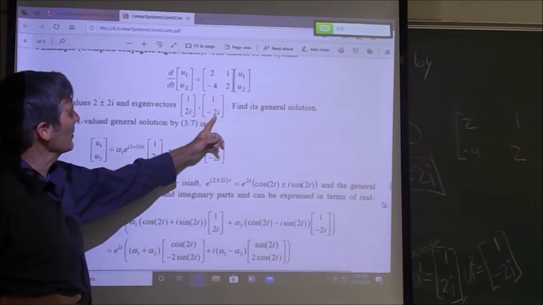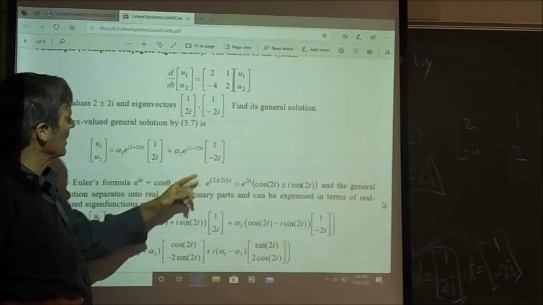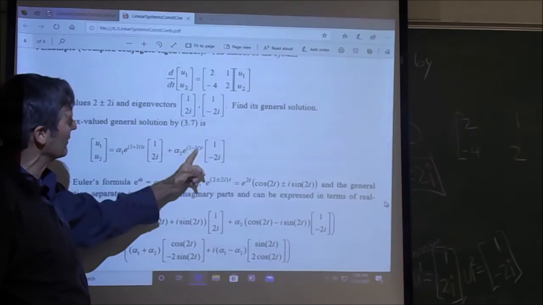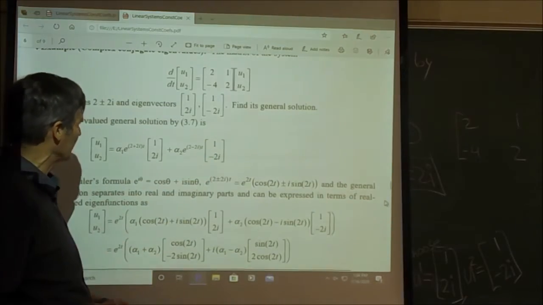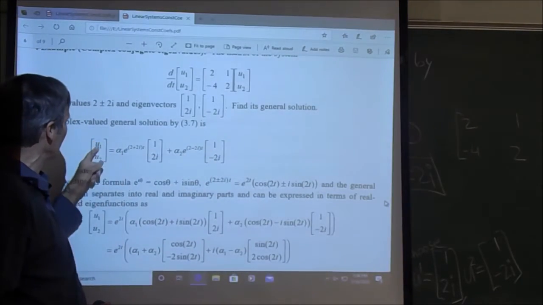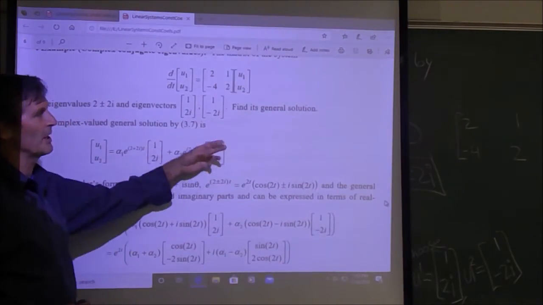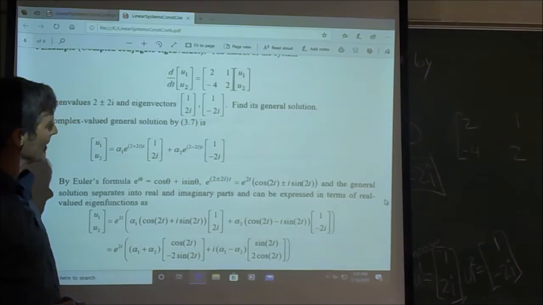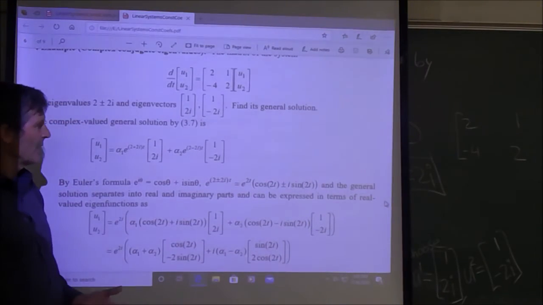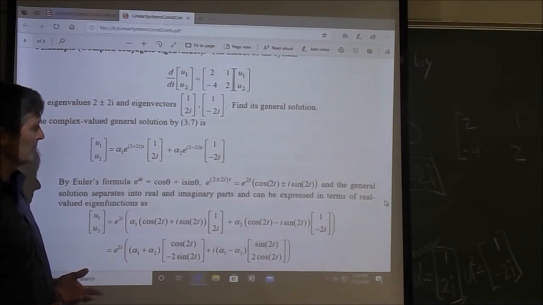Once I find these two eigenvectors and these two eigenvalues, 2 plus 2i and 2 minus 2i, you have to put eigenvalue 1 with eigenvector 1 and eigenvalue 2 with eigenvector 2 for this to work. Then this is the general solution over complex valued vectors u1 and u2. This is all solutions, all complex valued vector valued functions like that. But that's not sufficient. And when we're solving a real problem, we want the subset of those that are real.